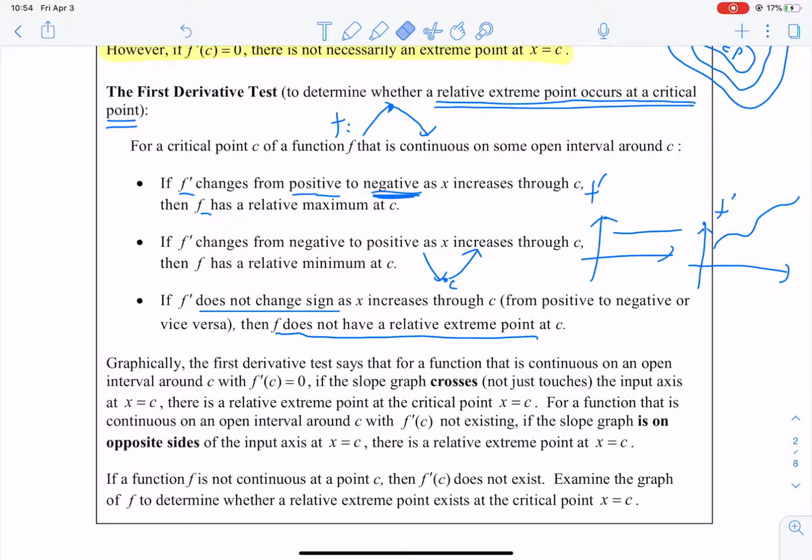So all of them are talking about based on the critical points. We need to check which critical point is a relative extreme point. Then we use the first derivative test.